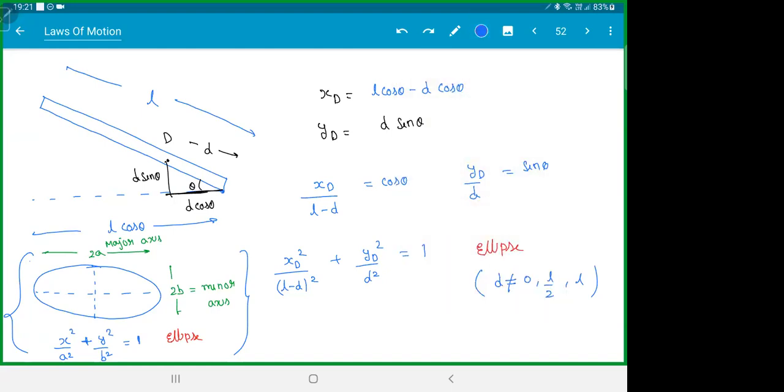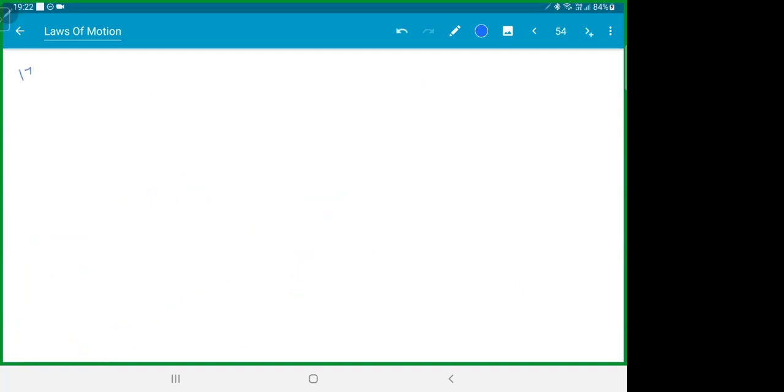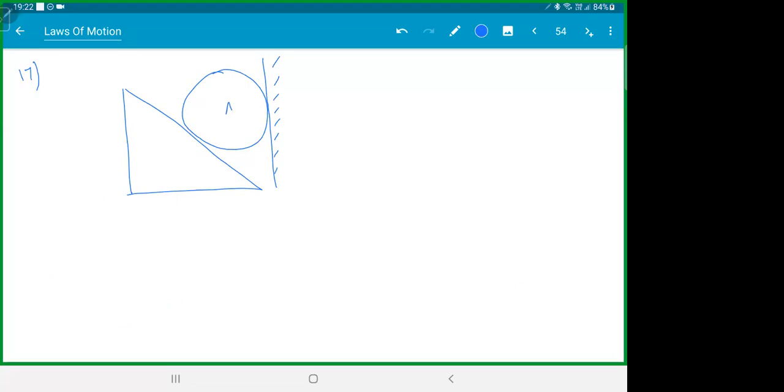Any doubts on this question? Anything you're not convinced about, please ask. Let's see the next one. We have a wedge here. We have a sphere. This is A and this is B and this is theta.